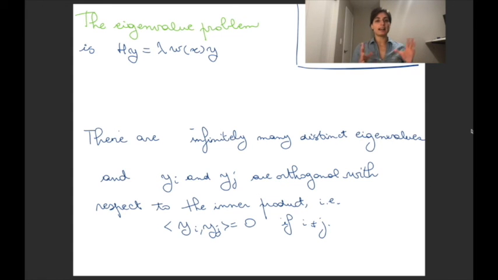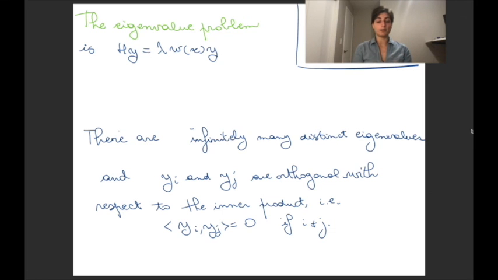So we're looking at an eigenvalue problem. We want Hy, where H is our self-adjoint operator, being equal to lambda times the weight times y. And because H is a self-adjoint operator, and H is a self-adjoint operator because we're looking at the Sturm-Liouville problem, we know that there are infinitely many distinct eigenvalues.